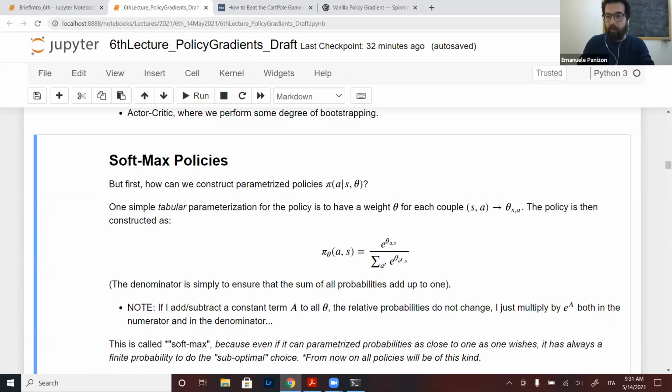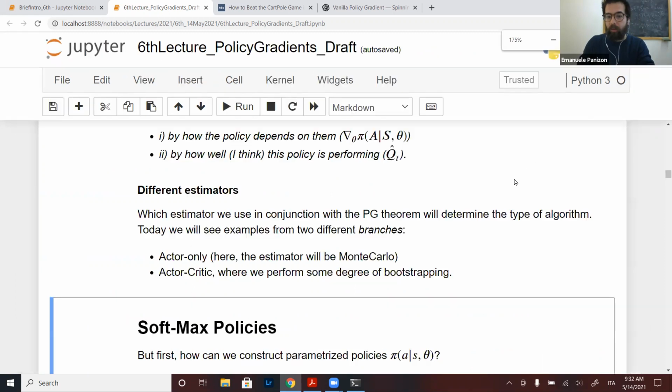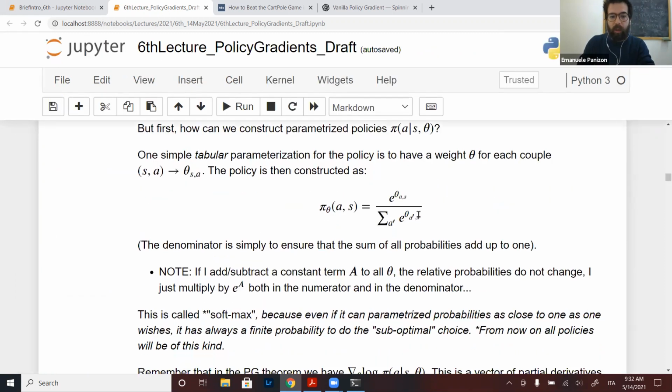above, divided by the sum over all actions of the exponential of the parameter for that other action and state. So the denominator is just there to make sure that the sum of all probabilities is equal to 1.